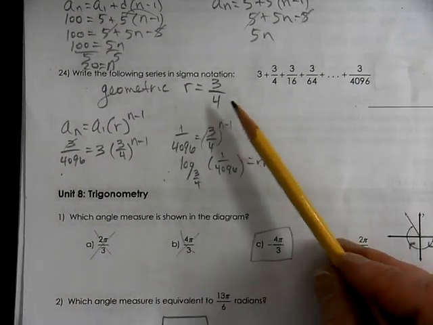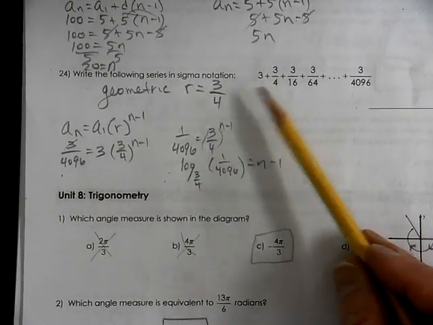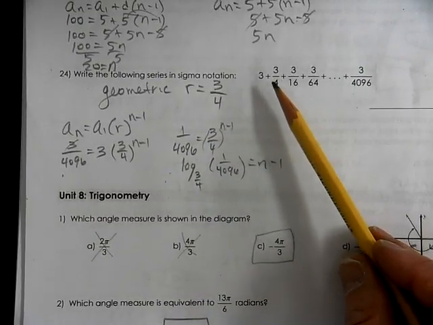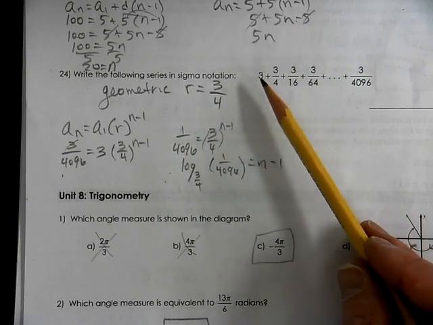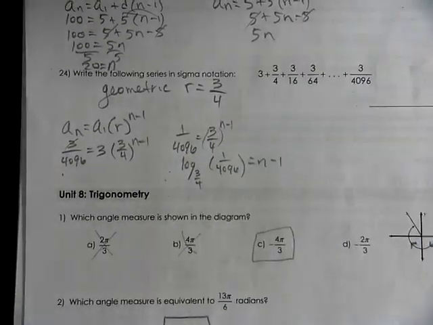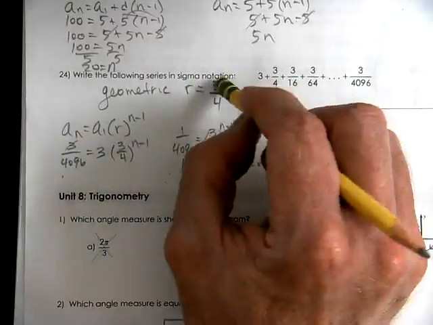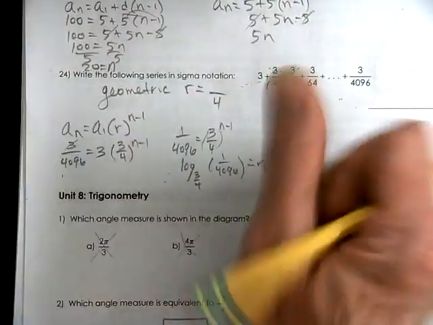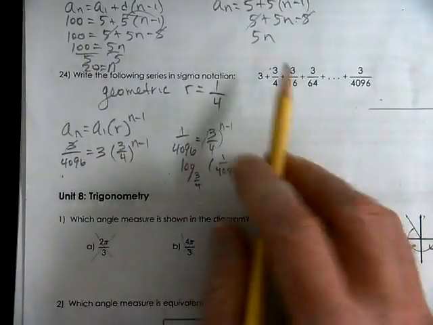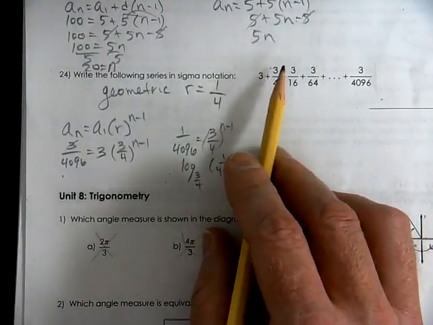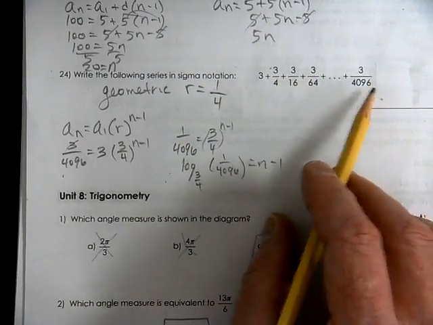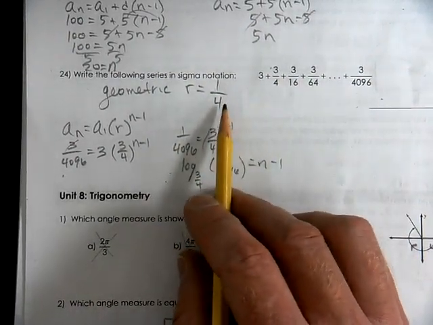Ah, no. My ratio is not 3/4. My ratio is 1/4. The ratio is just 1/4. That's why this didn't work out. We multiply the 3 by 1/4, and we multiply by 4 on bottom every time. So that is what we have.